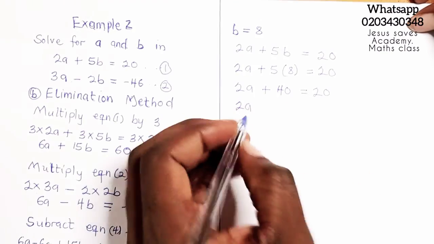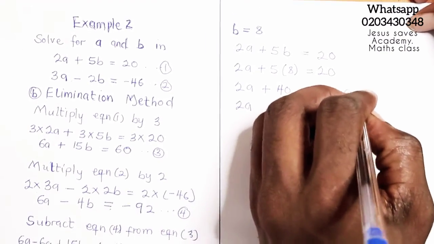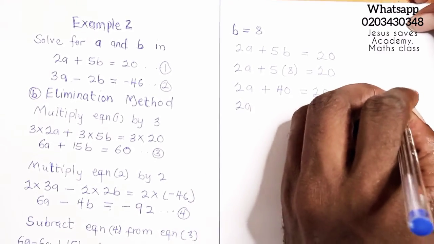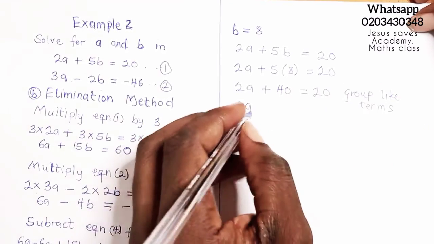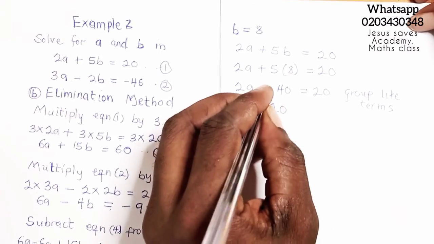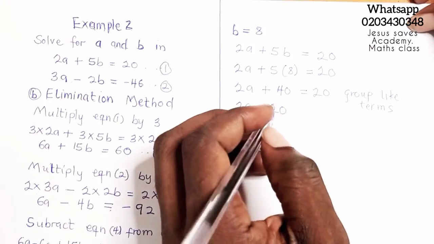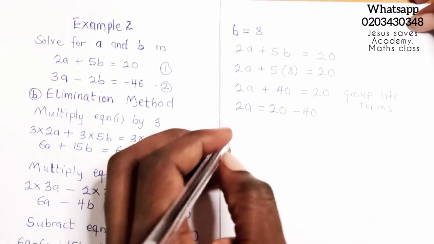We group like terms. So we have 20 here. When this 40 comes to the other side of the equal sign, it will become negative 40.